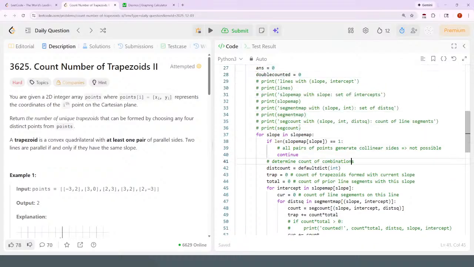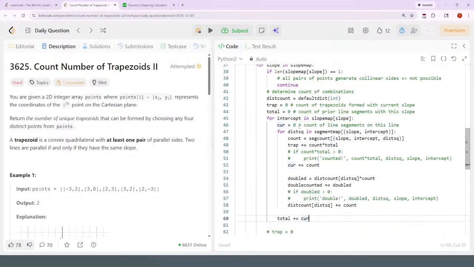Double counted starts at 0. Distance count: this distance squared is increased by the current count. I think that's fine. And then after you finish this distance, then increase the total by all the line segments that you found in this line.